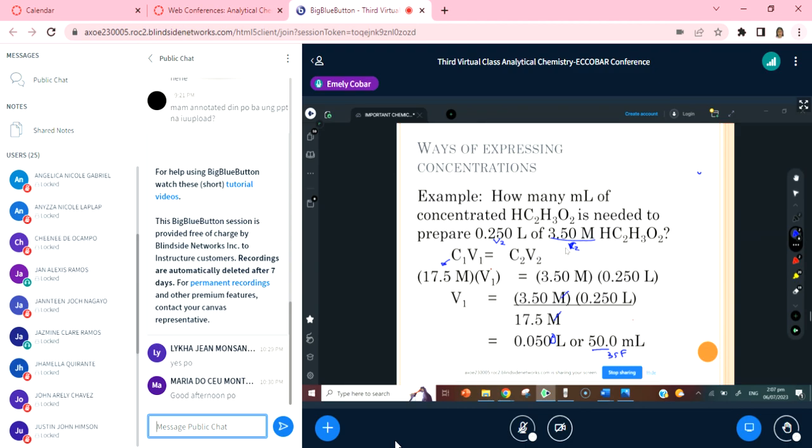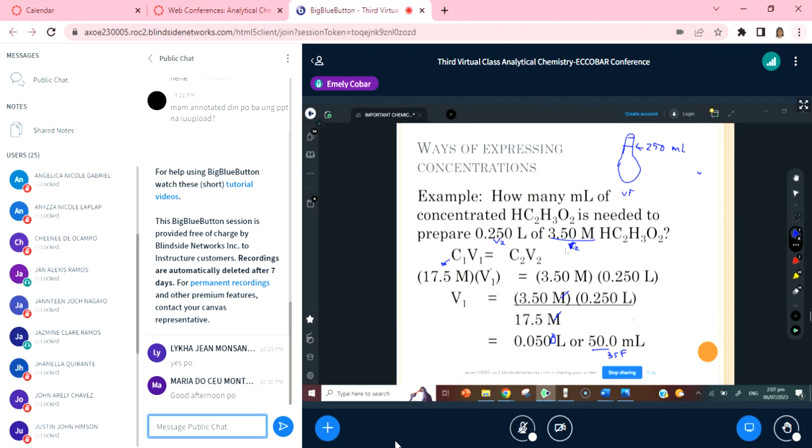And then, kumuha ka ng volumetric flask. Volumetric flask. Okay, pangit naman ang drawing ko. Na 250 ml volumetric flask. Na 250 ang capacity. Hanggang dun sa mark na yan, 250 ml. Okay? So, what you will do is, syempre, you follow the right way, pag acid dyan, okay, di ba sabi natin, always add acid to water.